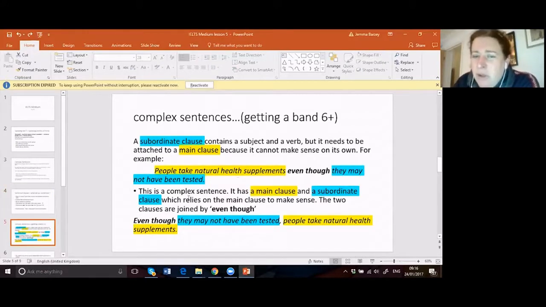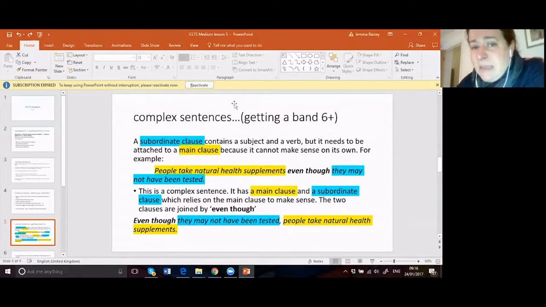So these are what you really need to be thinking about to get your grammar up to beyond a band 6. Okay, so remember in the IELTS, they're looking at the task, how you answer the question, how you organize and how your ideas are linked together, your range of grammar, and your range of vocabulary.